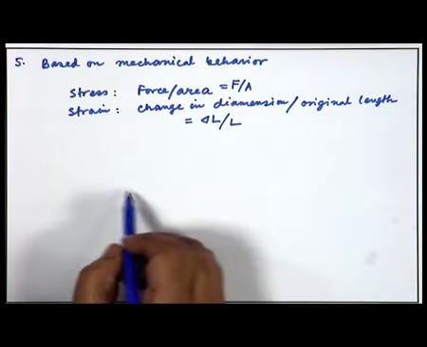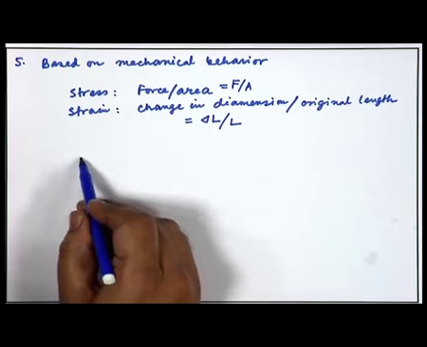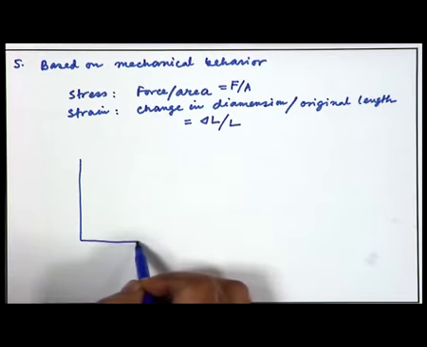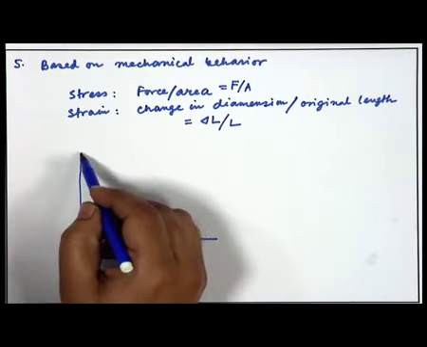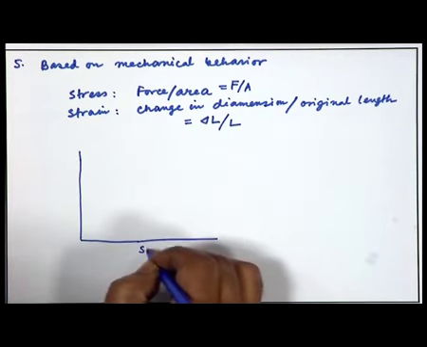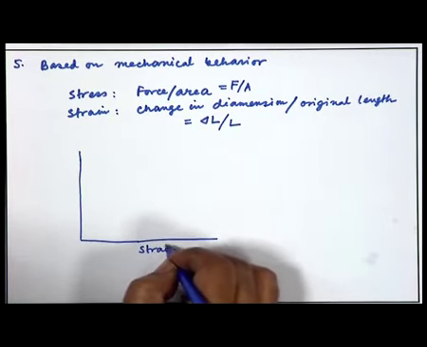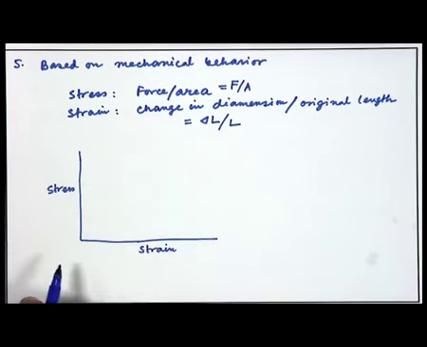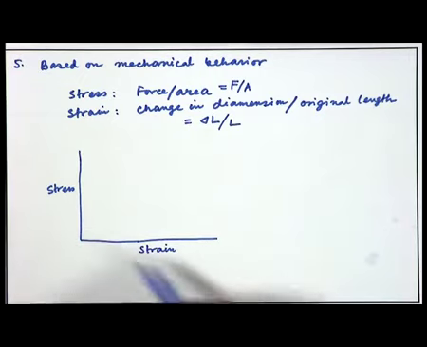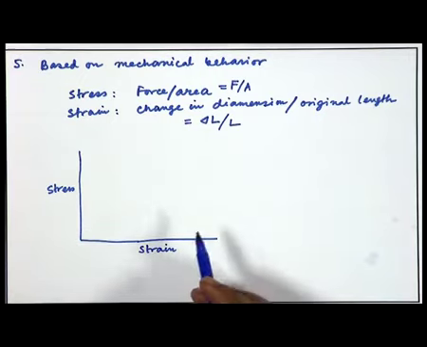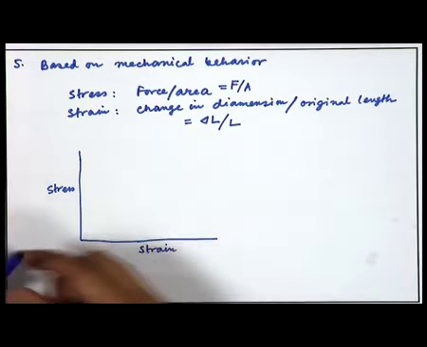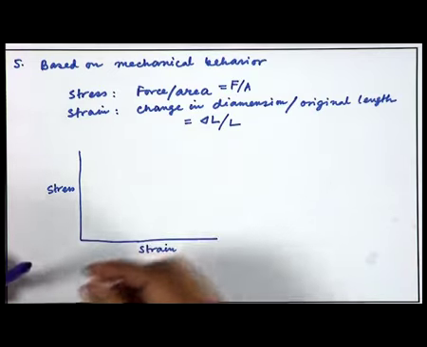Now, if we plot strain on the x axis and stress on the y axis, and for simplicity we just apply elongation stress, that means we are applying force in one dimension, lengthwise.